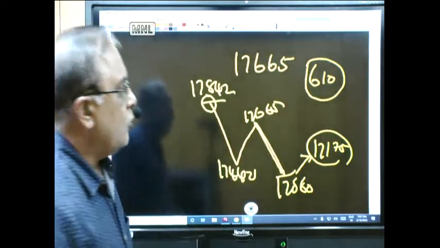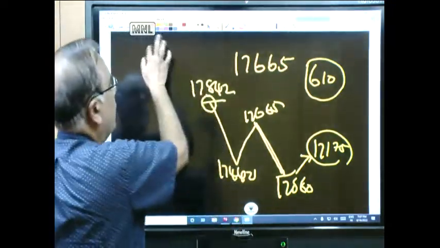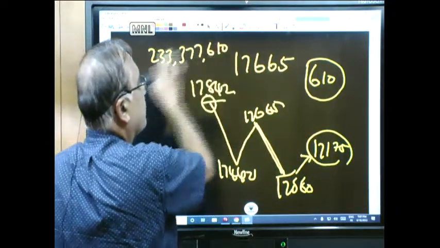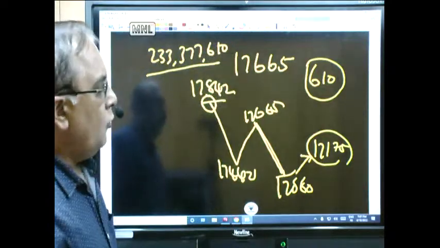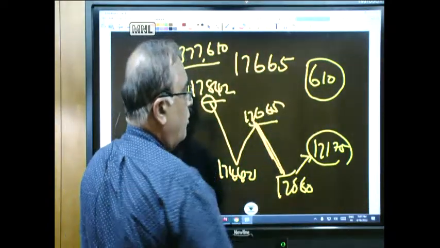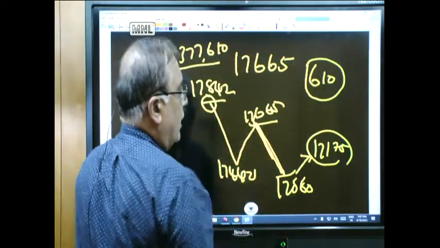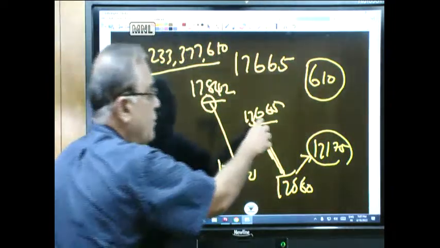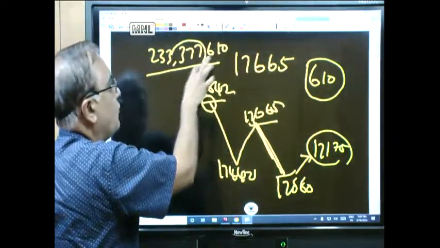So now you don't need to even look at the ratio. Now what is the number I told you here? We have 233, 377 and 610. So you can now look at 17,000 since it has brought down up to this. So the next important level, if there are rallies, is 17,665 minus 377, right?